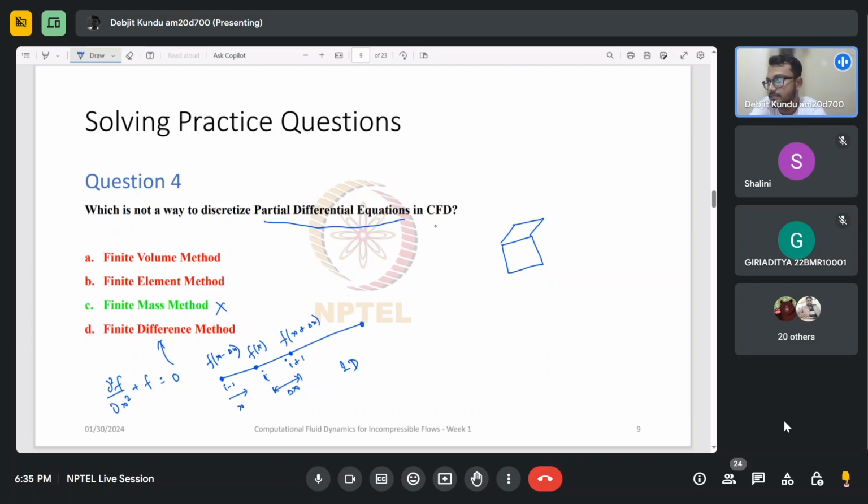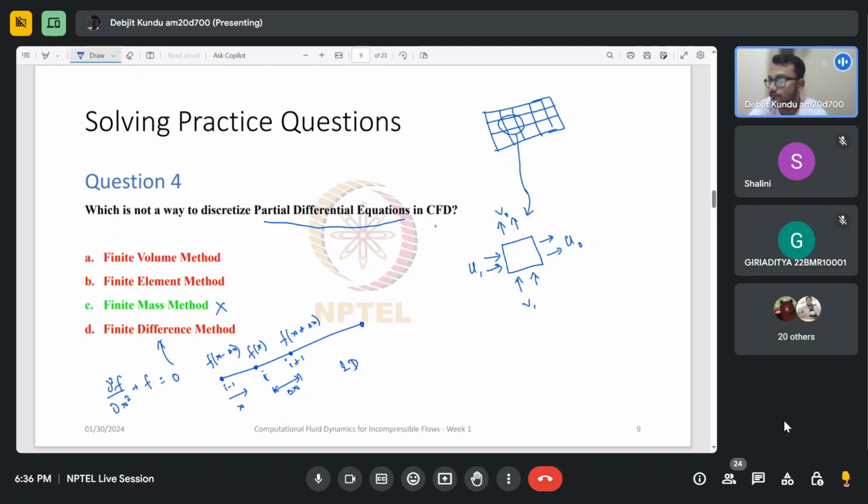Another way, which is more commonly used in CFD, is the finite volume method, in which case, let's say there is a big rectangular domain like this, we will break it up into smaller rectangles, and each rectangle we can represent like this. I won't draw a cube, I'll just draw a 2D rectangle. In this we have u coming in from one side, u going out from the other, v in from another side, v out from the other, right?